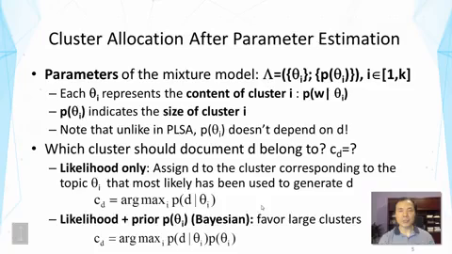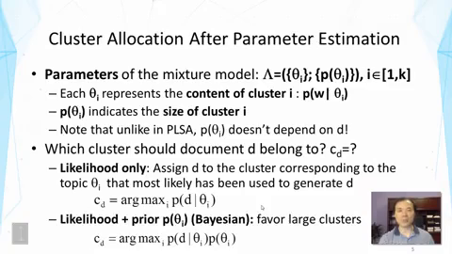If you think about what we can get by estimating such a model, we can actually get more information than what we need for doing clustering. Theta i, for example, represents the content of cluster i. This is actually a byproduct. It can help us summarize what the cluster is about.